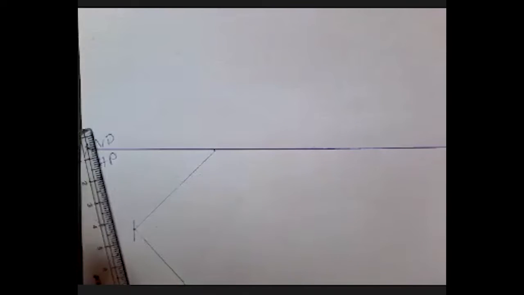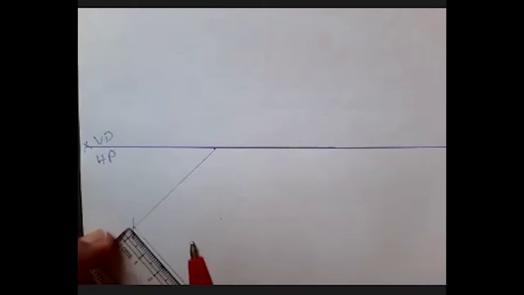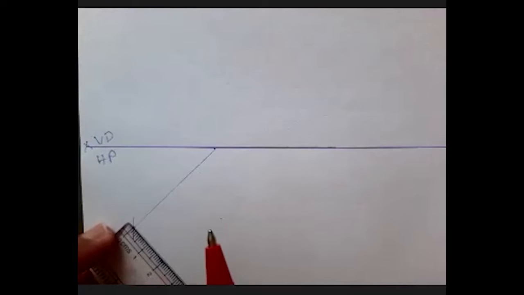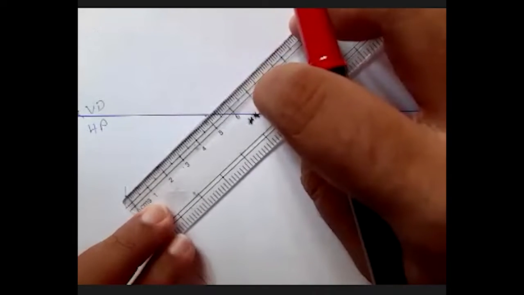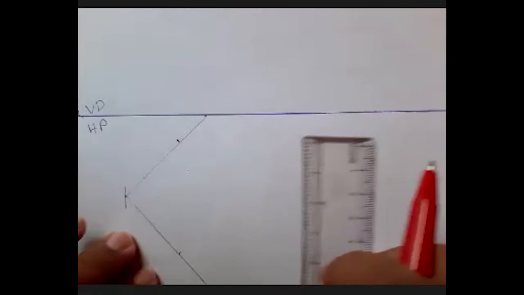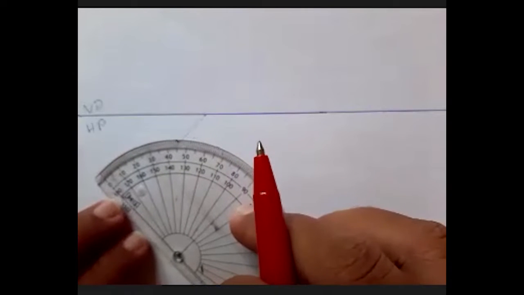Then I know the length of this. It is again 35 mm. So from here it is 35 mm. So this is 35 mm. So from here again it is 90 degrees.